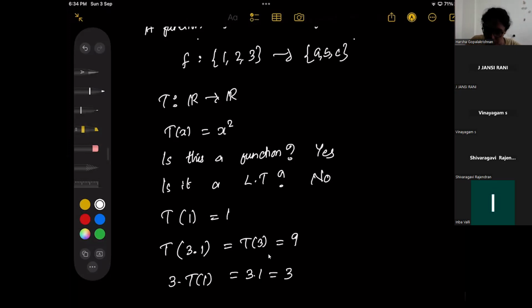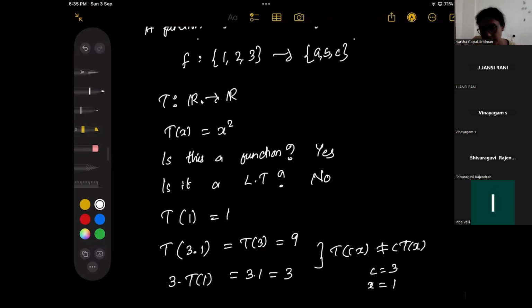Okay. So here what we are getting is T of Cx not equal to C times T of x. Here C equals 3 and x equals 1. So this condition is not satisfied, so it is not a linear transformation. So what I am saying is, even though a function is defined on a vector space, still it need not be a linear transformation.